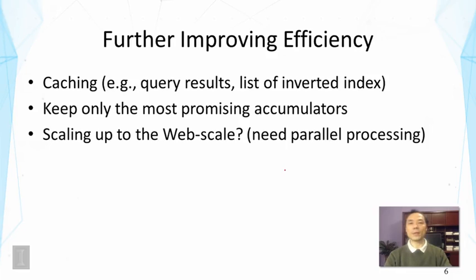Another technique is to do parallel processing, and that's needed for really processing such a large data set like the web data set. And to scale up to the web scale, we need to have special techniques to do parallel processing and to distribute the storage of files on multiple machines.